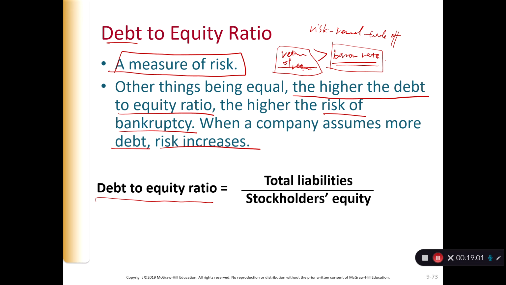But if you can make sure that your rate of return is still higher than your borrowing rate, then your equity holders actually make more than they would if there was no debt, if you were solely based on stock investment, solely based on equity financing. So therefore, it's a double-edged sword, right? The only thing that I want you to take away is how to calculate the debt to equity ratio: total debt divided by total equity.